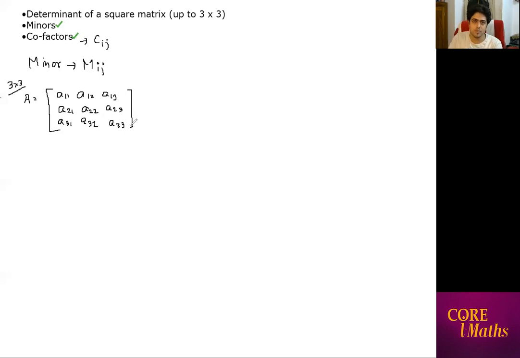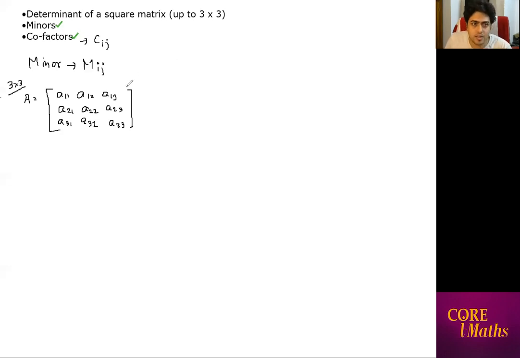You have to know that for minor, you note in which row and which column the element is. We leave that row and that column, omit them, and take the remaining elements. For minor, keep in mind that for every element there will be one minor value.